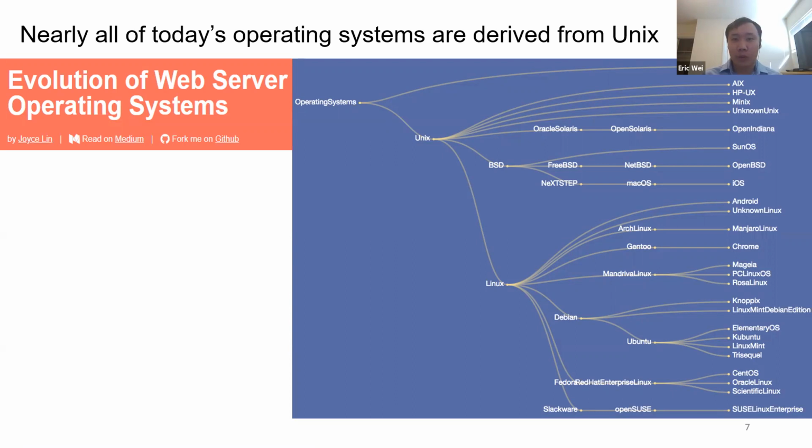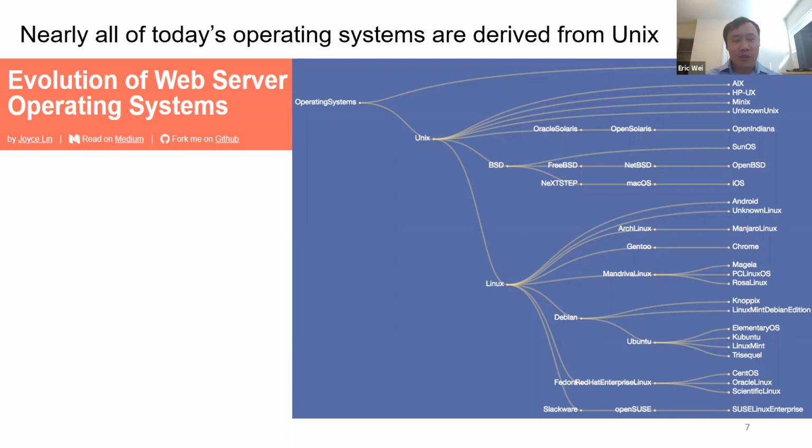So even if you're not familiar with Unix, I bet you use either iOS, Mac OS, Linux, Android, Chrome. All of these were derivatives of Unix, which shows the power of being able to build a platform that enables collaboration, and how those collaborations bring fruit to a thriving ecosystem.